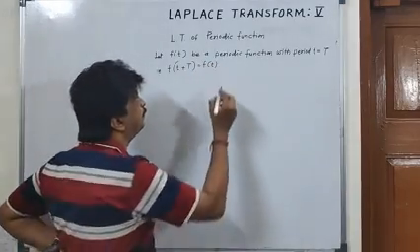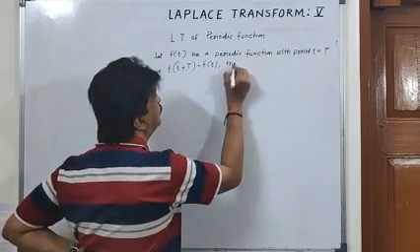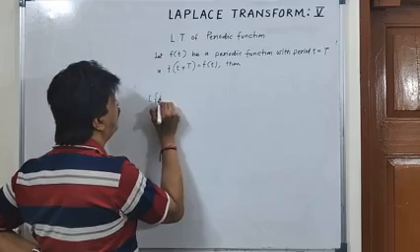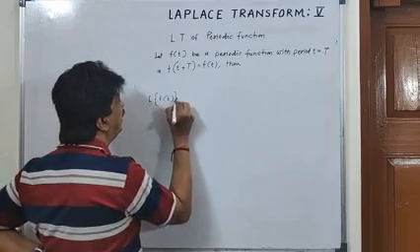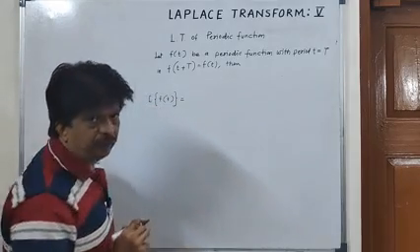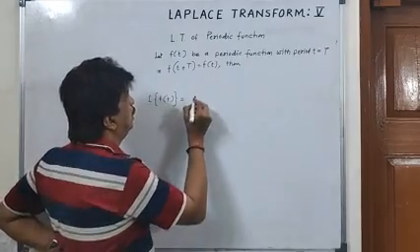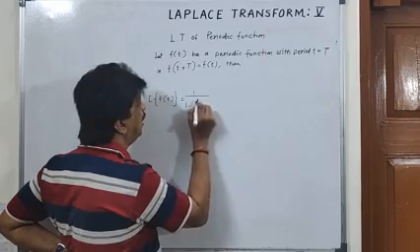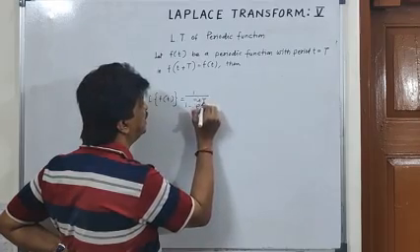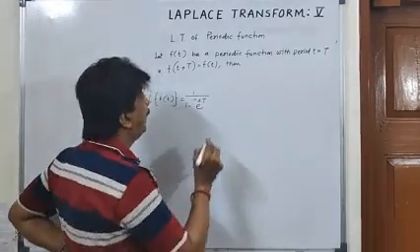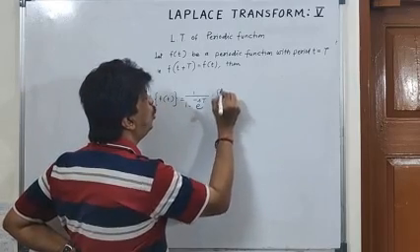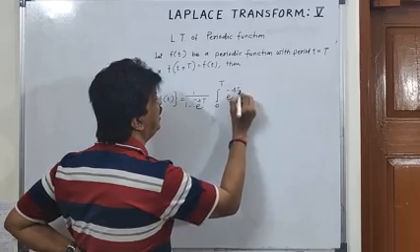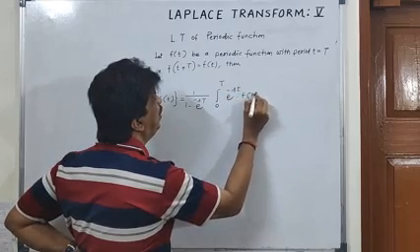Then the Laplace transform of this periodic function f of t is equal to, the formula is, 1 upon 1 minus e raised to power minus s capital T, into integral 0 to capital T e raised to power minus st into f of t, the periodic function.